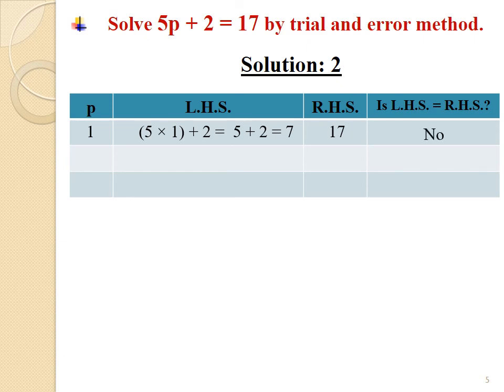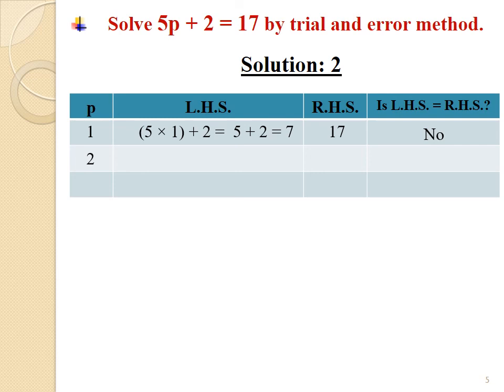Now let us take P equals 2. Now let us write 2 in place of P and multiply 2 by 5. Then add 2 to the product of 5 and 2.